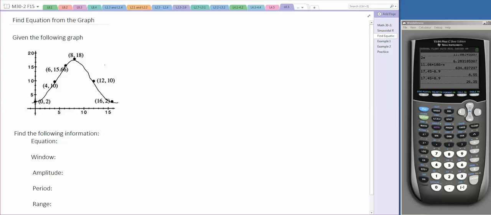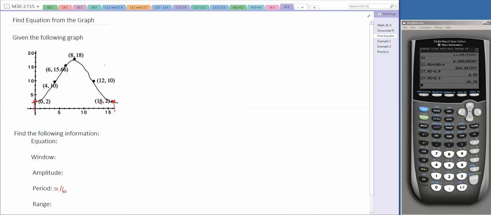We know that we're at our lowest point right here, and we hit that lowest point again right there. That is one complete cycle, and so our period is 16.